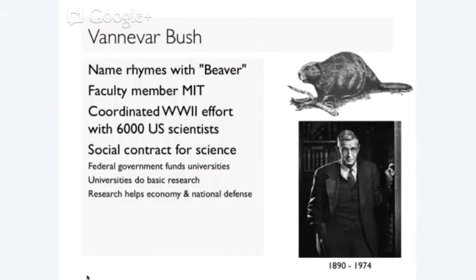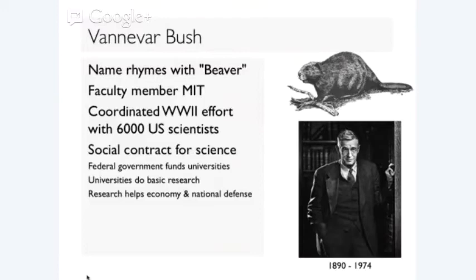One of the visionaries of this time was Vannevar Bush. He was a faculty member at MIT, and we're right now in World War II. And he was one of the people who coordinated the effort of thousands of US scientists towards contributing to the war.